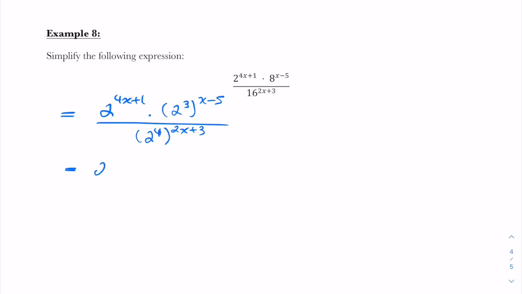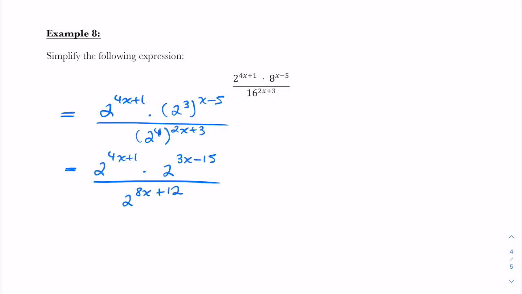Now in the numerator, we have 2 to the exponent of 4x plus 1 multiplied by 2 to the exponent of 3x, take away 15. I just used the power of a power rule, and I'll use it once more in the denominator. That's 2 to the exponent of 8x plus 12.